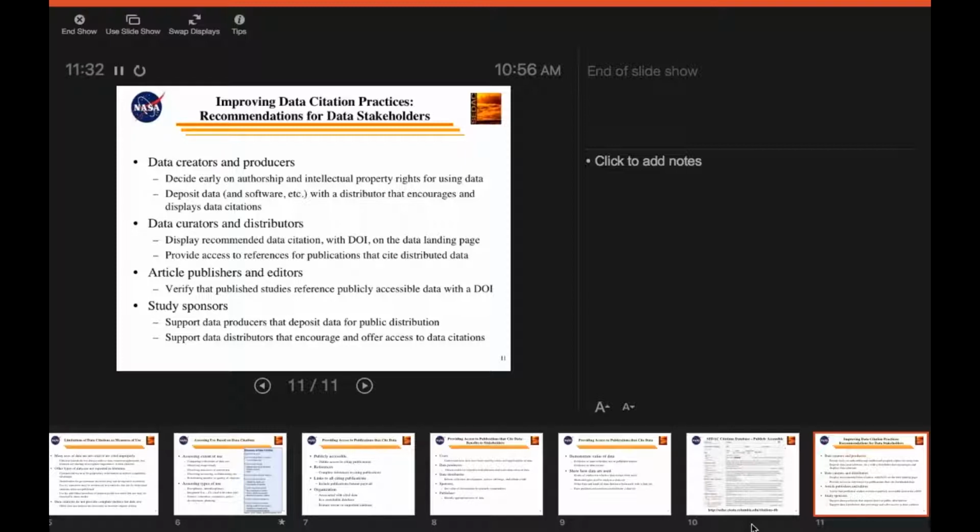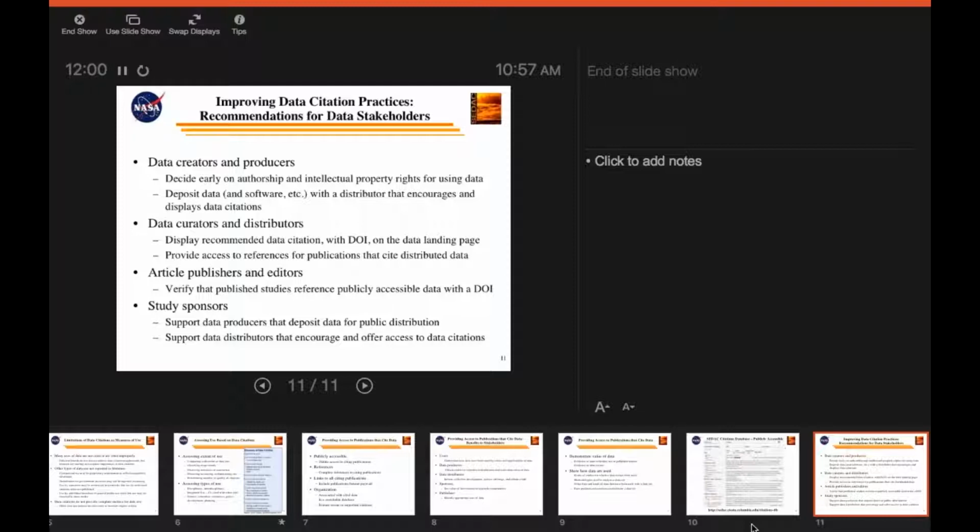But ideally, what we do on our website to encourage people to also cite the data center is, for any of the data on our landing page, we have a recommended data citation for the data at the repository.